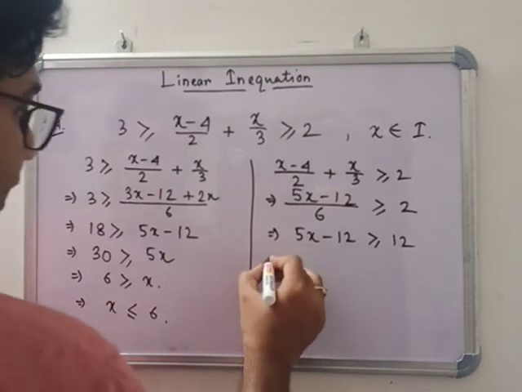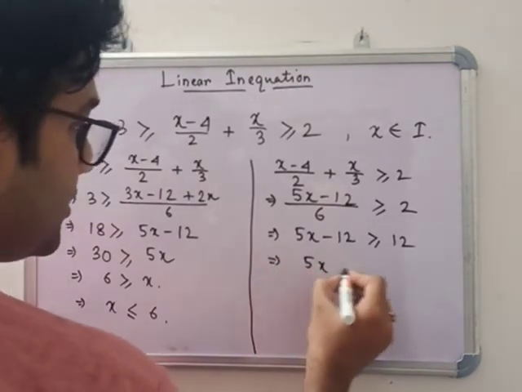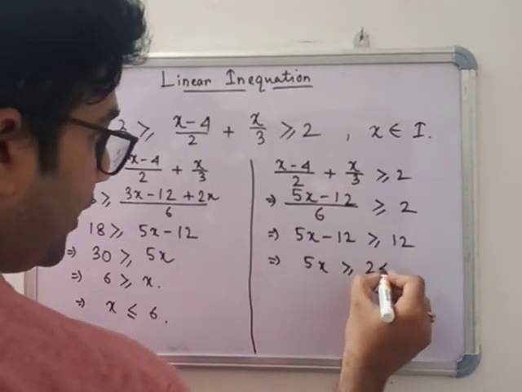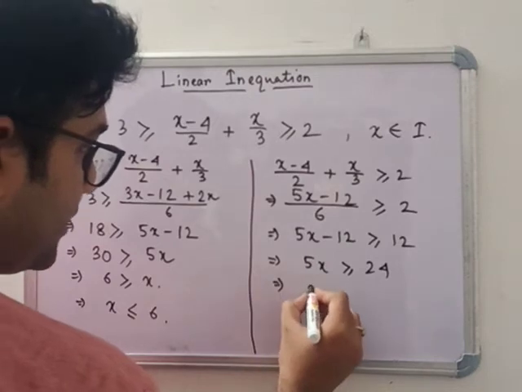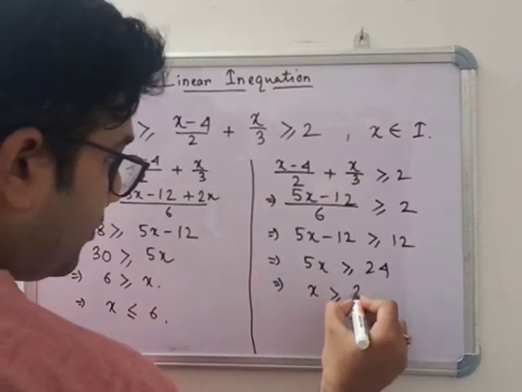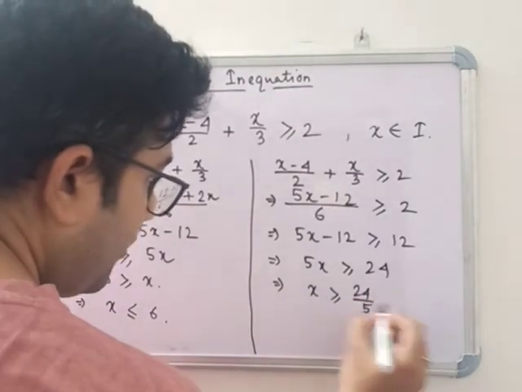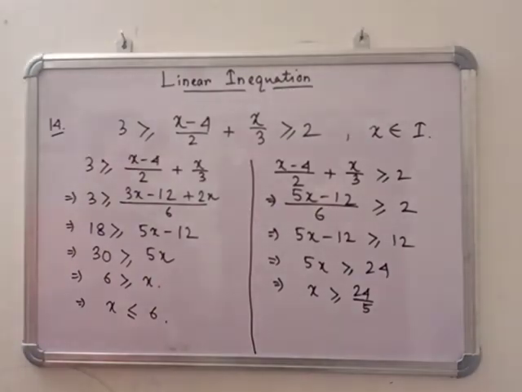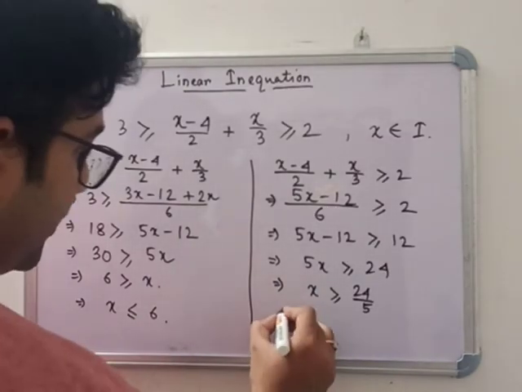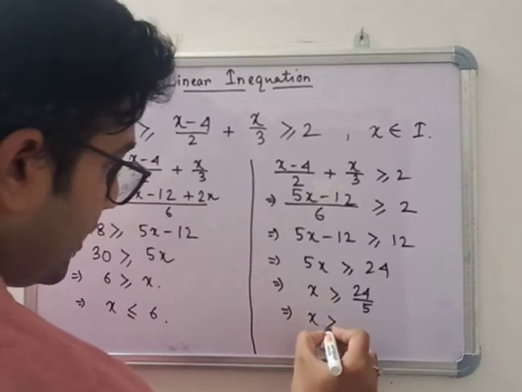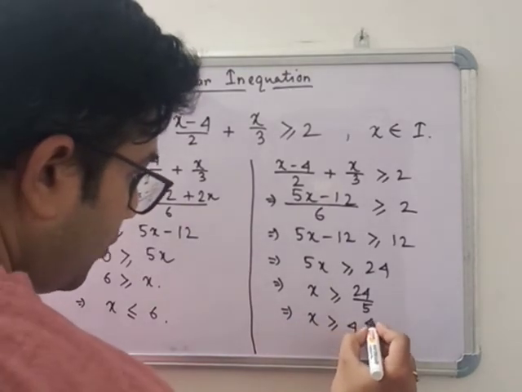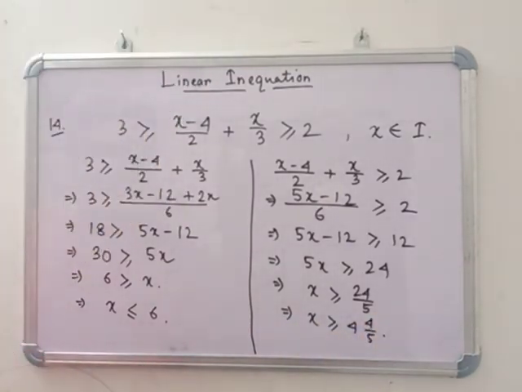So now we can write here 5x equals 24. That means x is greater than or equal to 24/5. 24/5 means it is less than 5. Okay. If we write it, we can write here x less than or equal to 4 4/5.